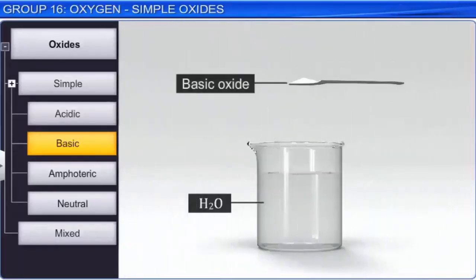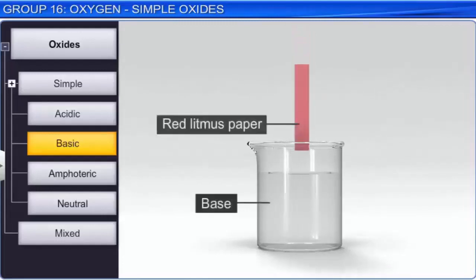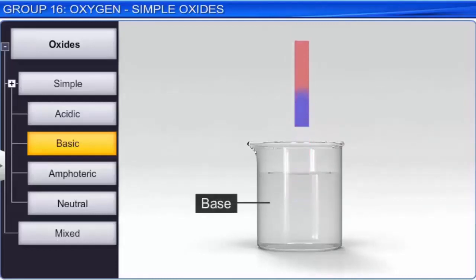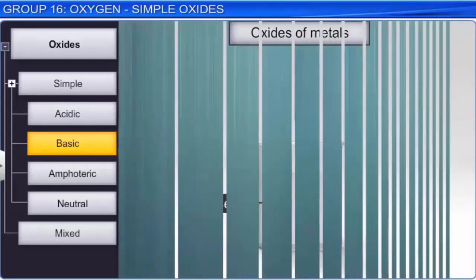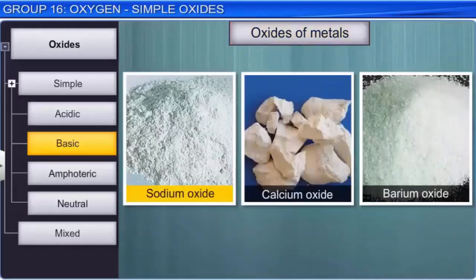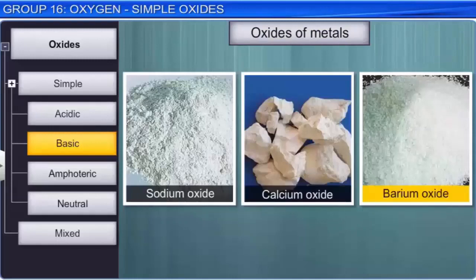An oxide that gives a base with water is known as a basic oxide. In general, oxides of most metals, such as sodium oxide, calcium oxide, and barium oxide, are basic in nature.